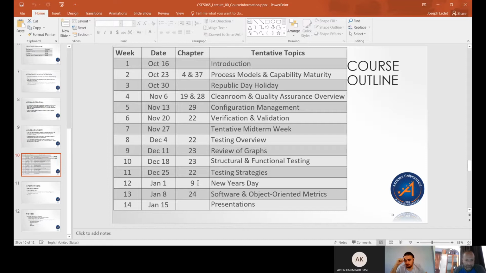So a couple of breaks here, a couple of days that I don't think we'll be able to have class. With the holiday on the Thursday, and New Year's Day being on a Friday, I think it's going to be difficult for us to have class those two days. So my plan is to break for those two.